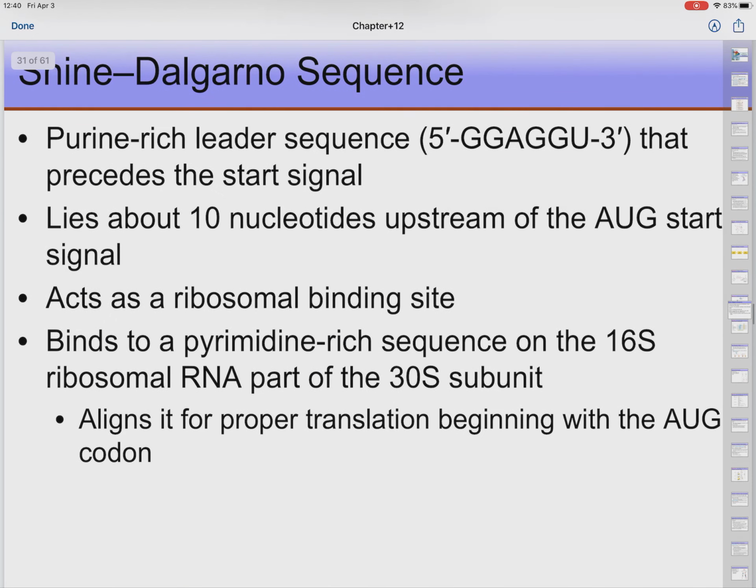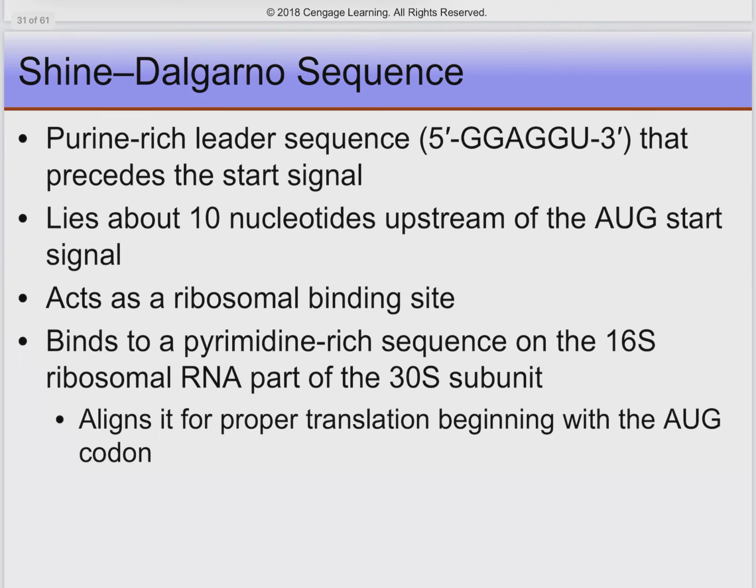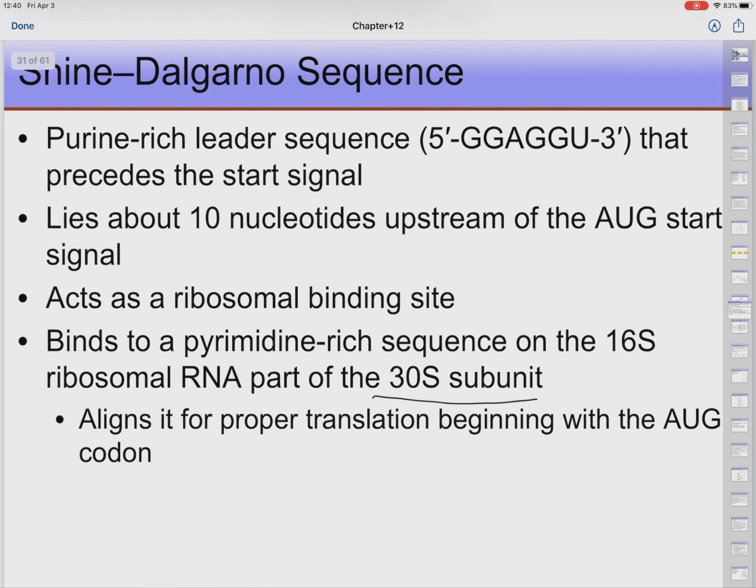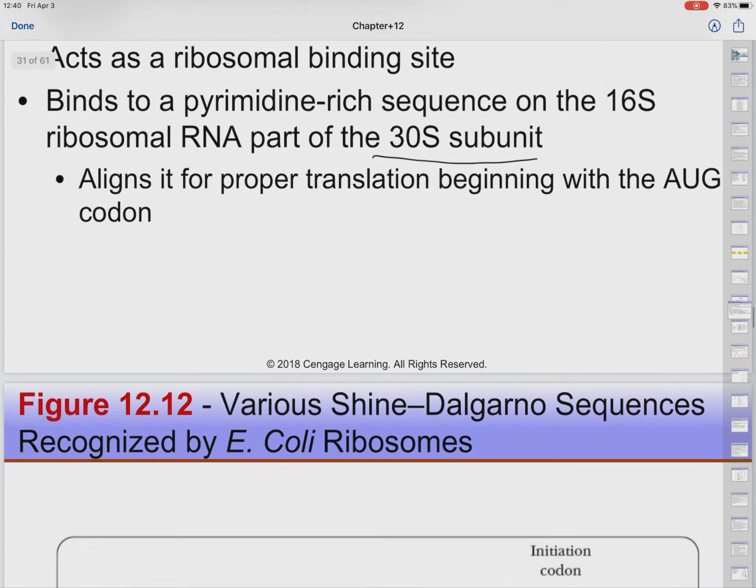Now, the Shine-Dalgarno sequence is a purine-rich leader sequence that matches a pyrimidine-rich sequence in the ribosome. It's about 10 nucleotides upstream of that start codon. And again, it'll recognize part of the ribosome, and it's there to help align properly. We're going to see something similar in eukaryotes.